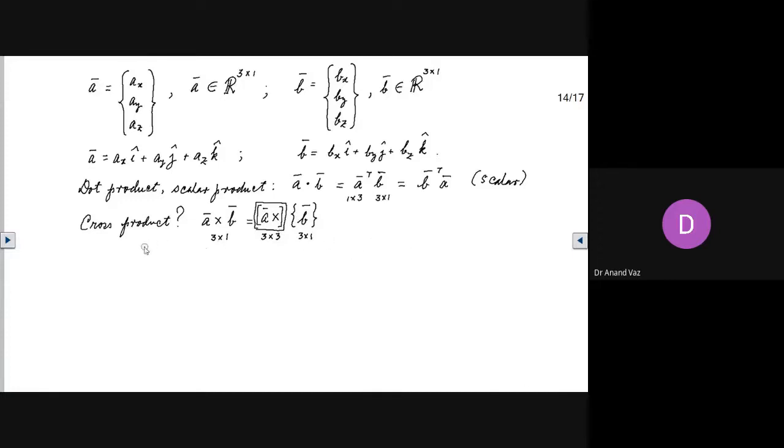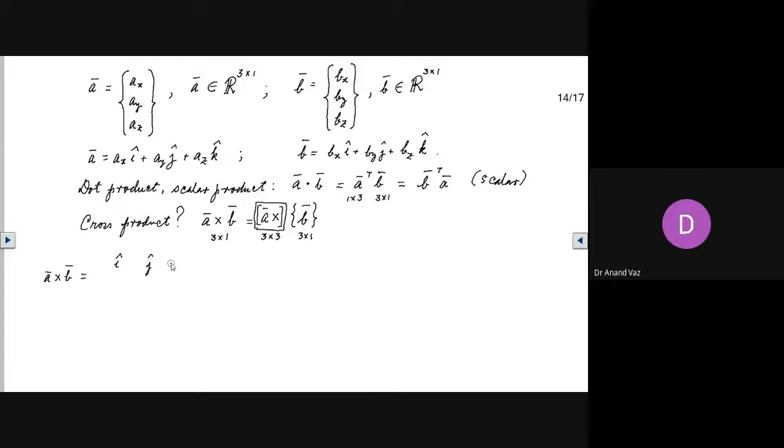Conventionally, what we do is we determine A cross B like this. You are already familiar with it. We use the method of determinants.